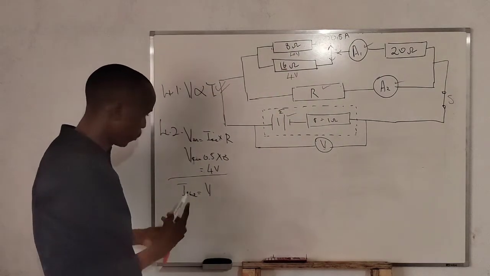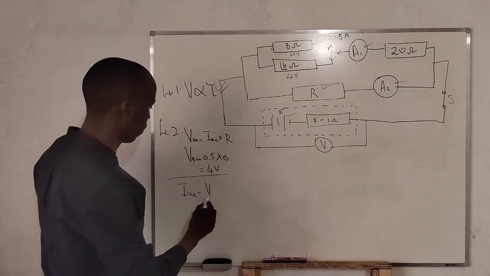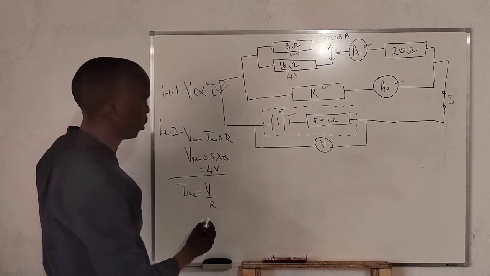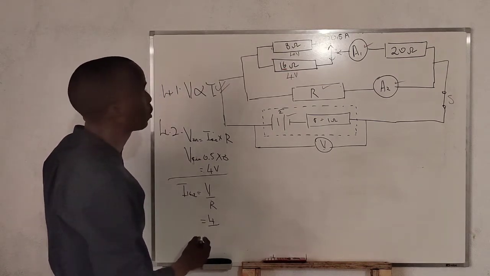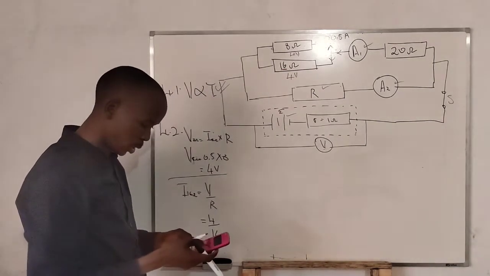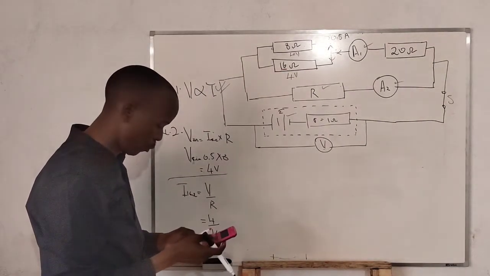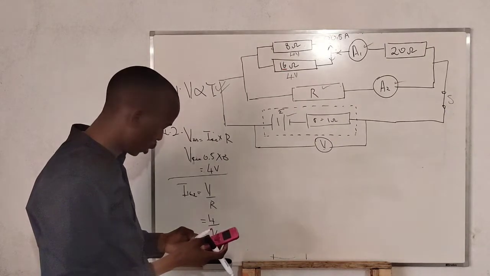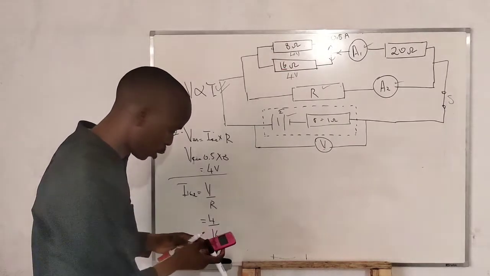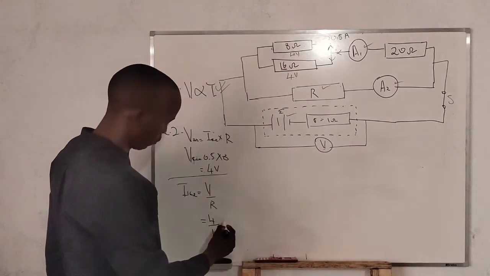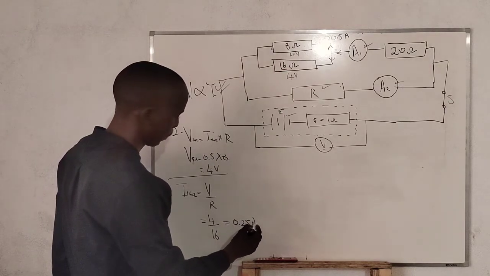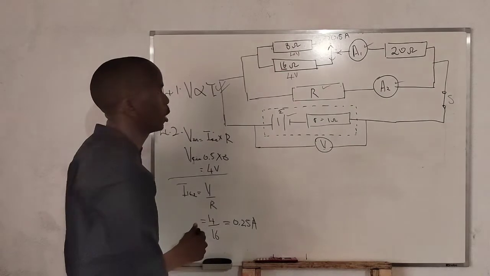Using I equals V over R, the voltage is 4 and the resistance is 16. Let us verify the answer: 4 divided by 16 is 0.25, about a quarter. So the current passing through here is 0.25 amperes.